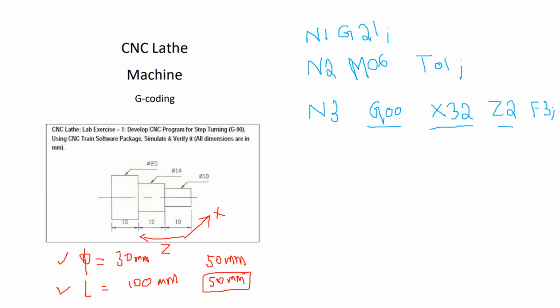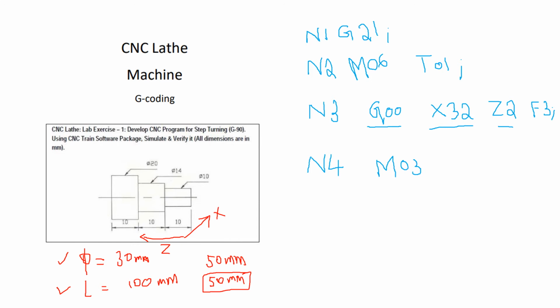Now what is my step 4? I will say N4. In line number 4, I'm going to call the spindle and specify an RPM for the spindle. I specify M03 because most of the time for lathe and milling operations we do spindle forward, not spindle reverse, a clockwise motion.